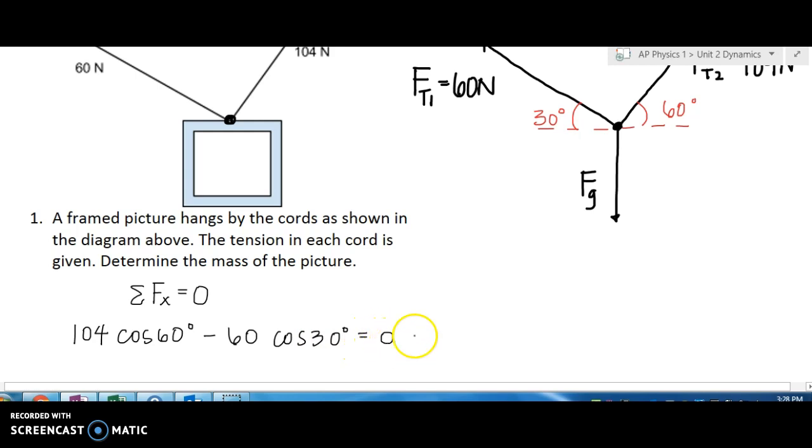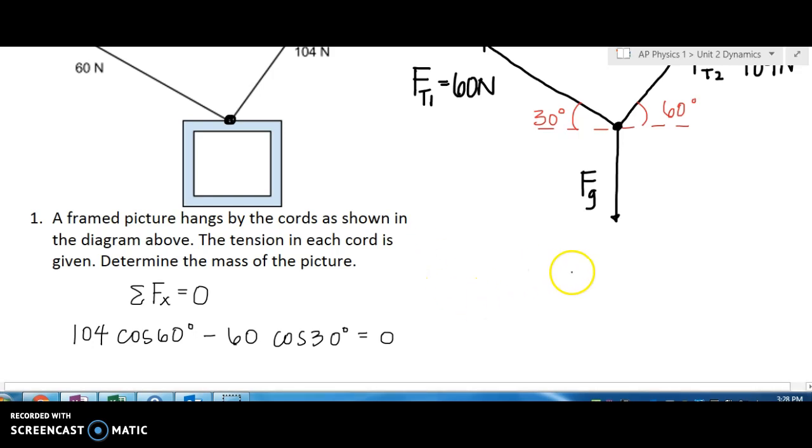So they should equal 0. Now if you add those two up, it almost equals 0, so there's just a little bit of, I think I rounded 60 and the 104 to make it nice-ish numbers to deal with, so you don't get a perfect 0 there, you get like 0.03 or something like that, but it's close to 0.